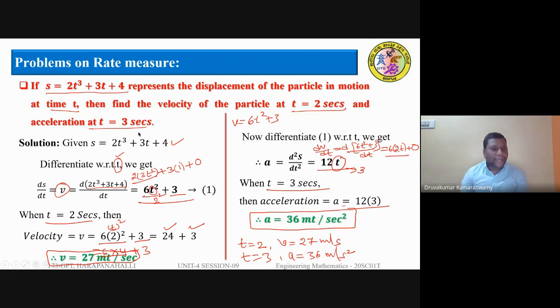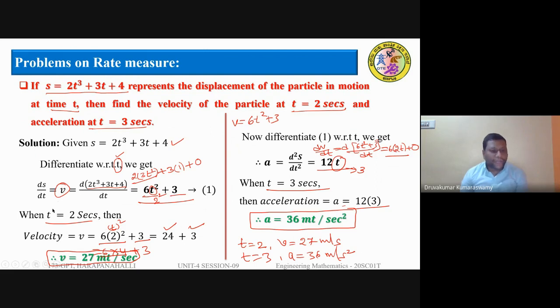To find velocity, differentiate the given displacement with respect to time. So ds by dt, we write that as v. Differentiation of t cube is 3t square, differentiation of t with respect to t is 1, differentiation of 4 is 0. So 3 into 2, 6t square plus 3.